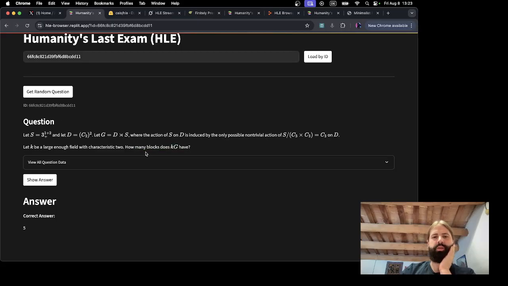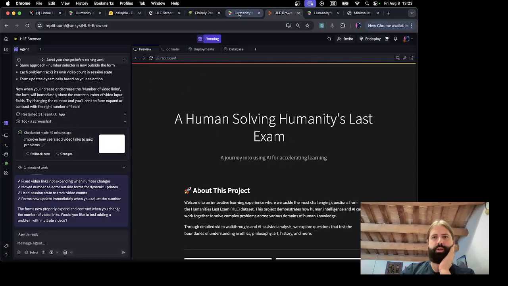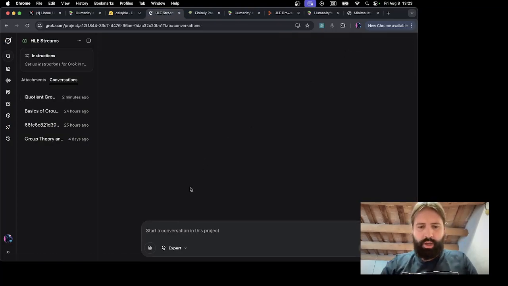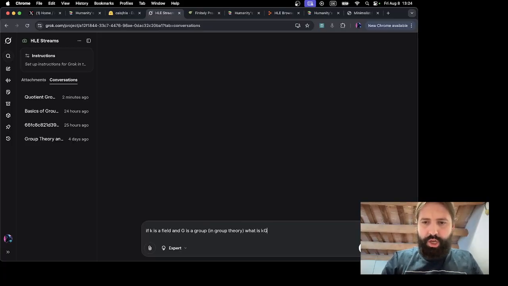Maybe a quick question: what are blocks? Let K be a large enough field. So if K is a field, let me ask Grok one thing. If K is a field and G is a group in group theory, what is KG and what are blocks of KG?